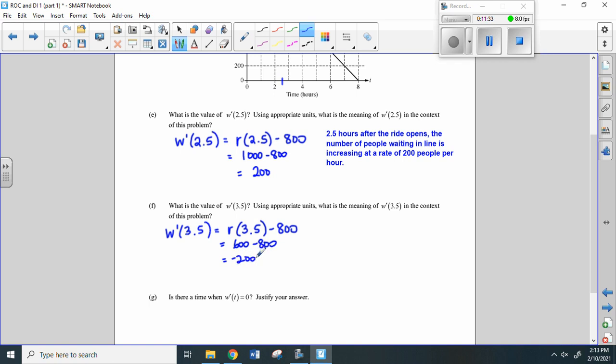So what would that mean about the rate of change of the number of people waiting in line 3.5 hours after the ride opens? Okay, and so I'm going to make a similar statement.